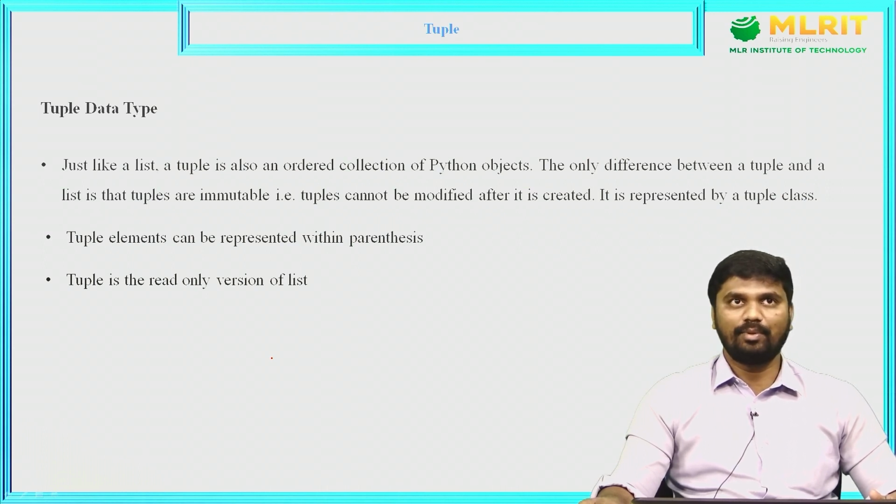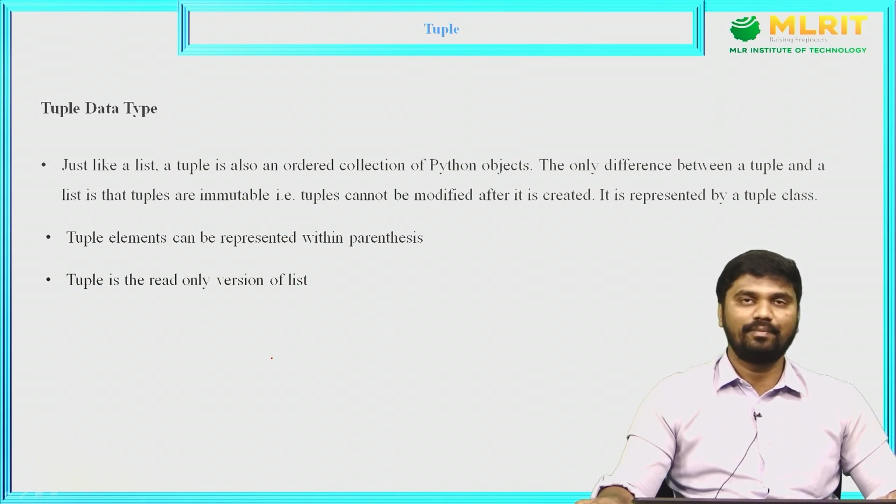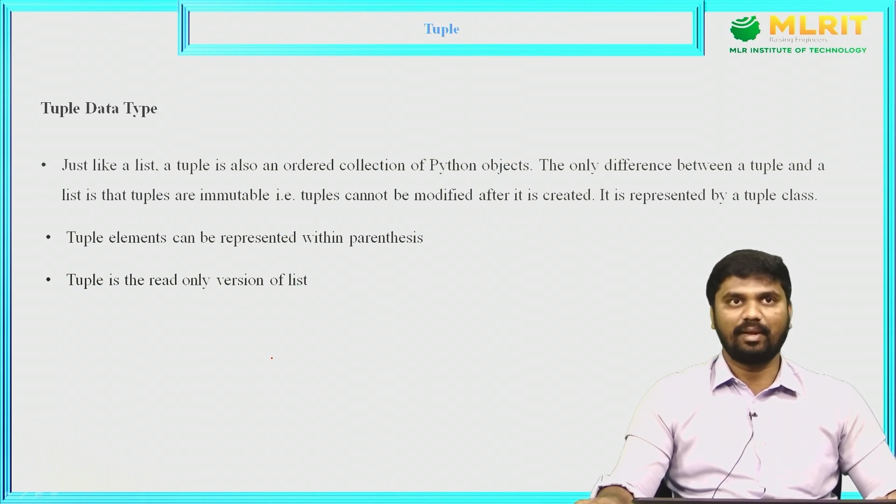But in a tuple, we cannot change the values of the object. So that is the difference between the list and tuple. And one more difference is that we specify the values in a list using square brackets, but in a tuple, the values have to be specified with parentheses.